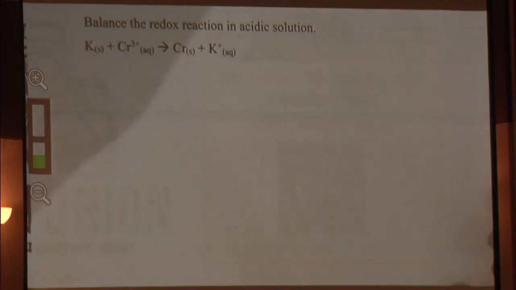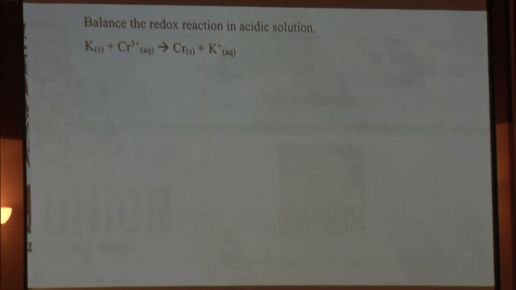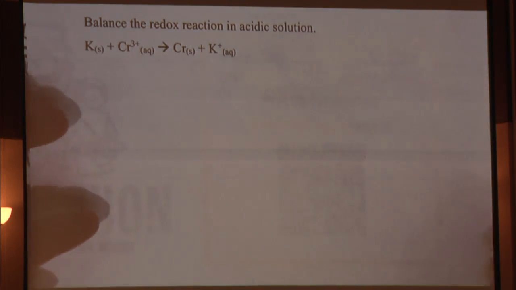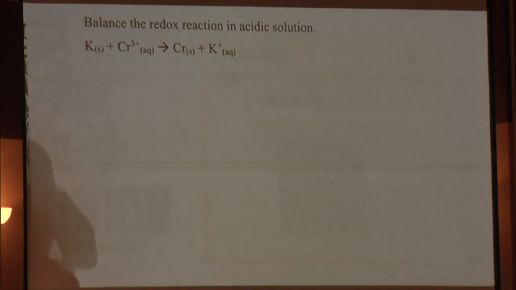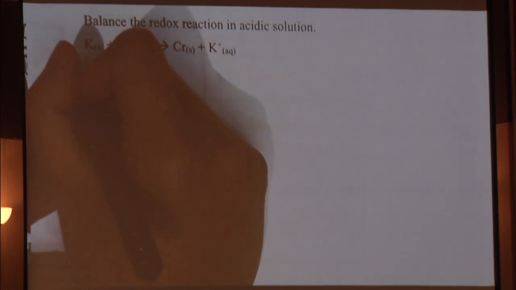This next example has us balancing a redox reaction in acidic solution. So first, what we need to do is split our reaction into half reactions.